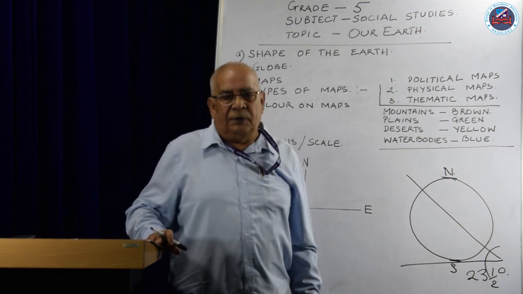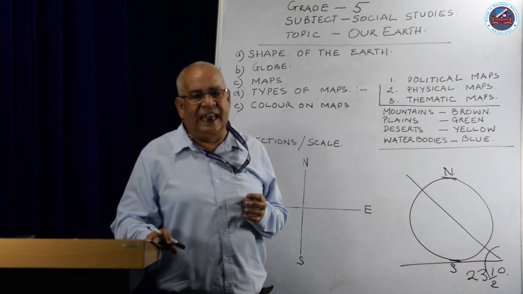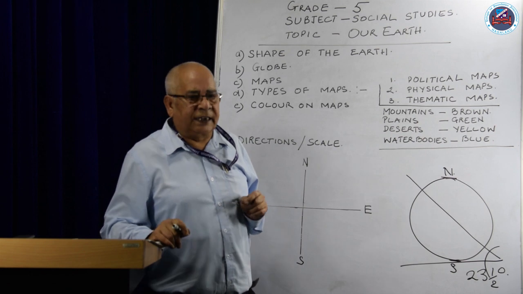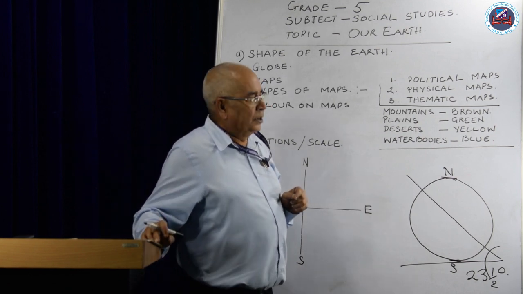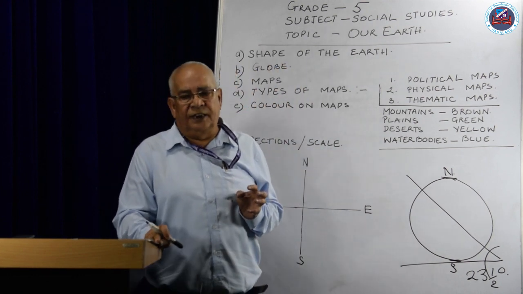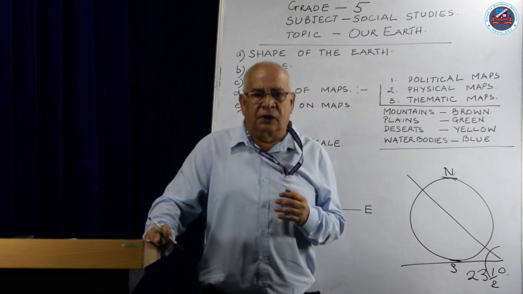The physical map shows different landforms, mountains, valleys, rivers, lakes, seas, oceans, etc. And the third type of map is the thematic map. The thematic map shows us rainfall, vegetation, minerals, industries, different crops, and so on and so forth.